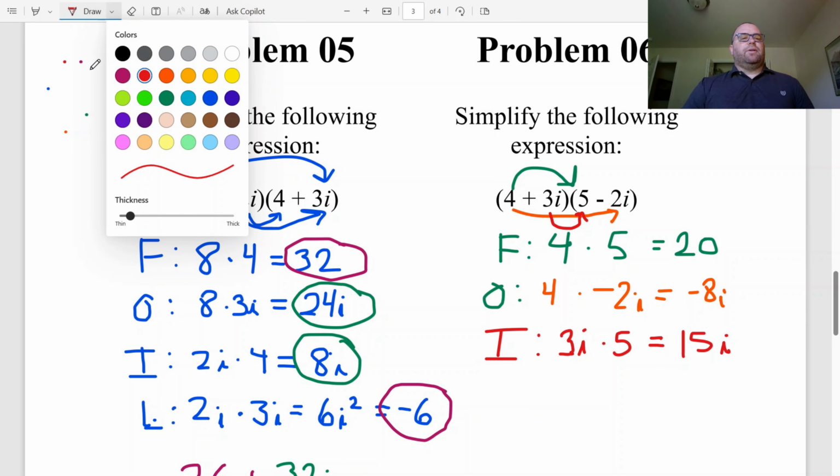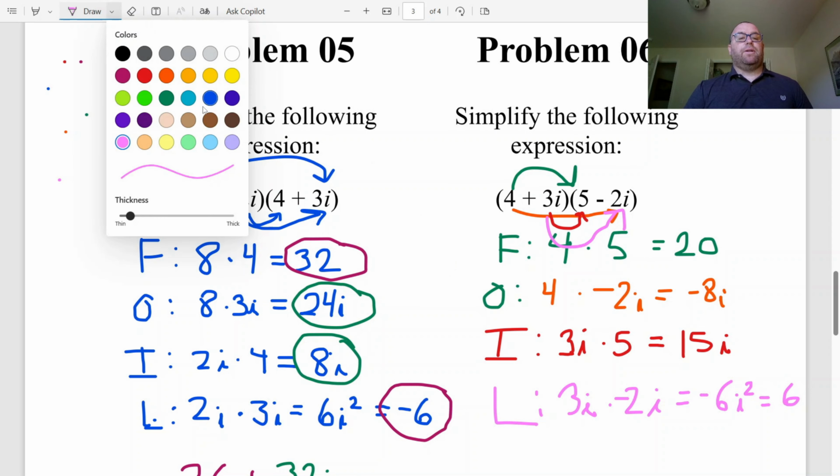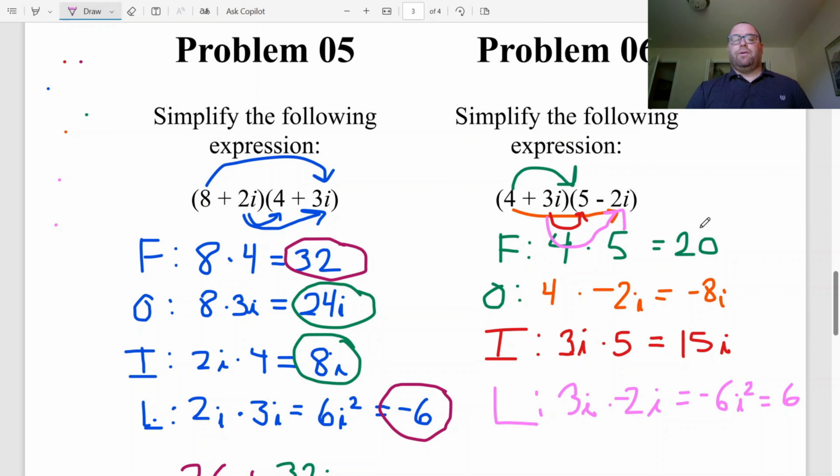And then let's do the last terms here. So we'll do 3i times minus 2i. So that's going to be a minus 6i squared. But remember, i squared is negative 1, so negative 6 times negative 1 is just positive 6. Okay, so now what we're going to do is add our real parts together.